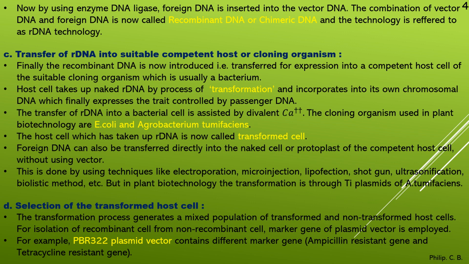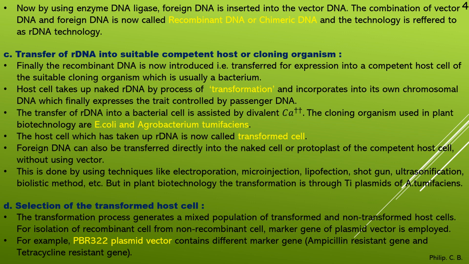So these are the different techniques by which we can introduce DNA directly into the protoplast of the host cell rather than using a particular bacterium. But in plant biotechnology, the transformation is through Ti plasmids of A. tumefaciens. As we just learned, Agrobacterium tumefaciens is used for transformation specifically in plant biotechnology.